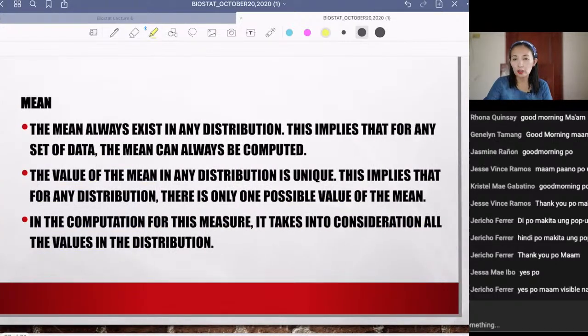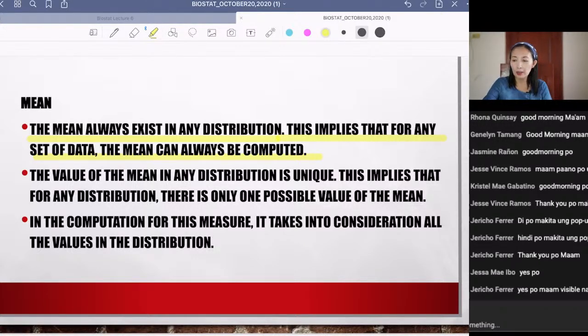Now, comparing and contrasting between mean, median, and mode. Some other properties of mean, median, and mode. The mean always exists in any distribution. A while ago, when we discussed the mode, we said it may or may not exist in a distribution. But the mean always exists in a data set, so for any set of data, it can always be computed.